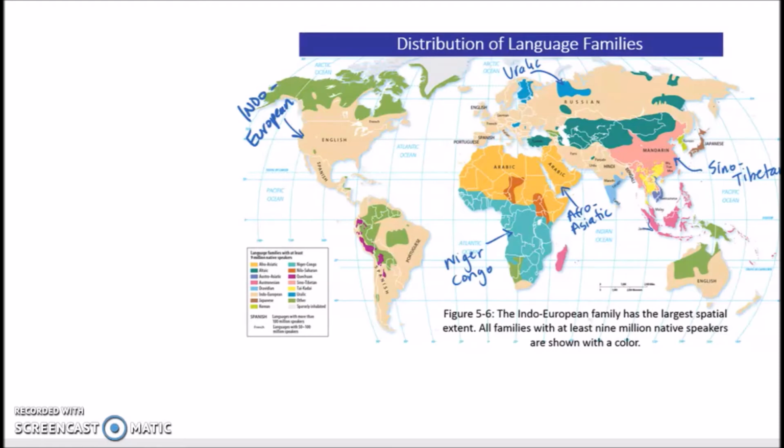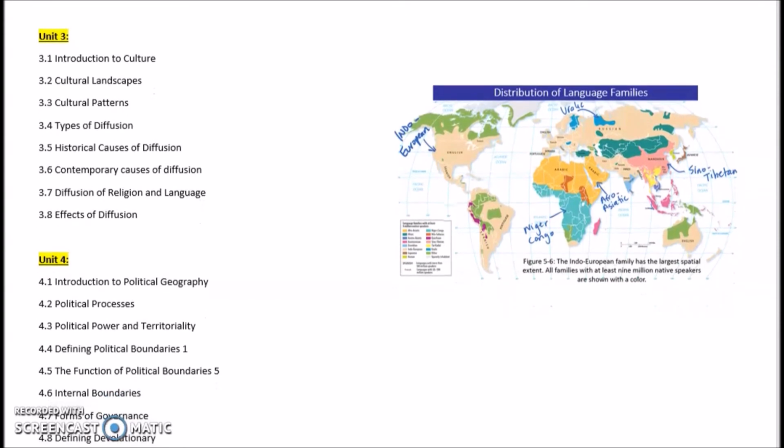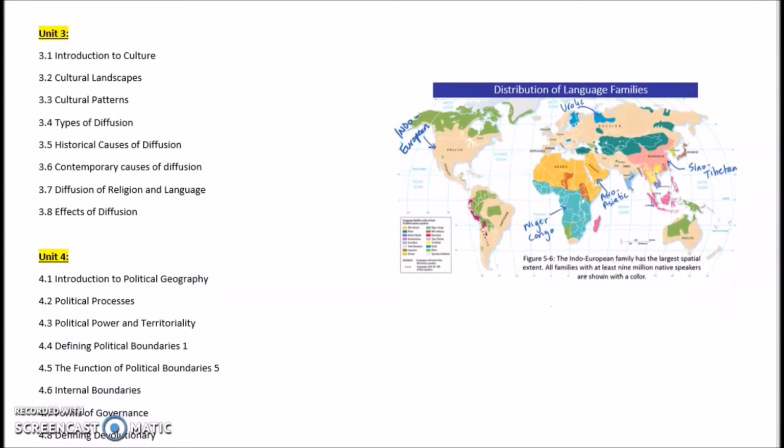Remember that your Sino-Tibetan language family as well as the Indo-European are going to be your two largest. Okay, so keeping that in mind, that is a helpful little reference tool. It'll let you think about the connection between language and culture. It also helps you with diffusion, because understanding how people move from one place to another, if you see a language pop up in a new area, it lets you know that there was some type of diffusion, most likely relocation diffusion.